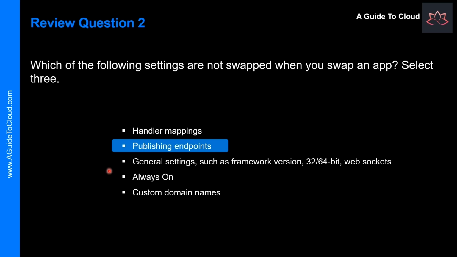You can't do that. Yes, you can do always on and add custom domain names as well. So the correct answer is publishing endpoints, always on, and custom domain names. Some configuration elements follow the content across a swap, whereas other configuration elements stay in the same slot after a swap.